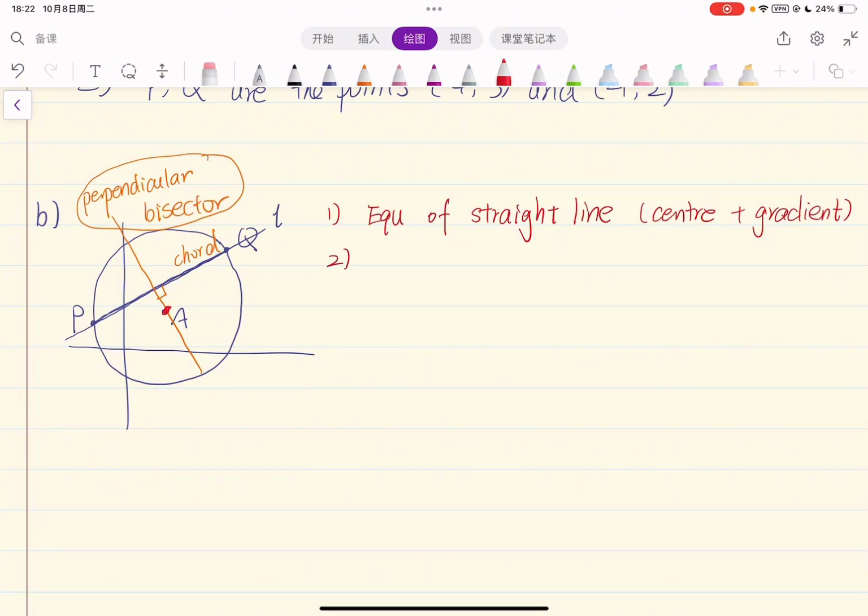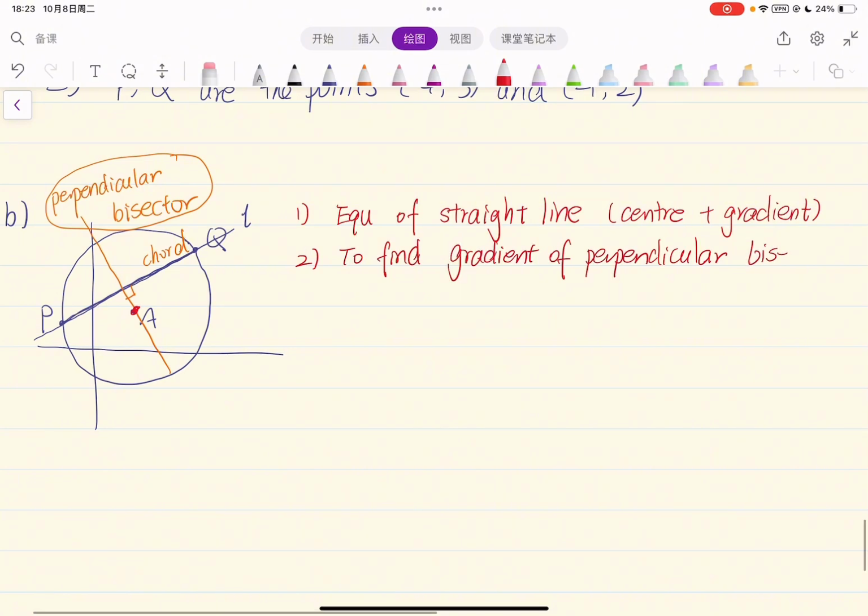Then we need to find the gradient of the perpendicular bisector, but we don't know that. Remember that the perpendicular bisector is perpendicular to the chord, so we can find the gradient of the chord PQ.